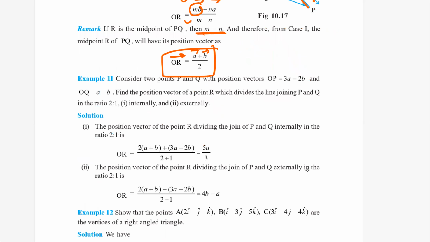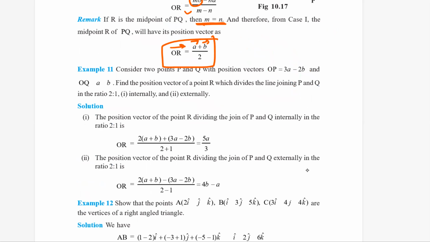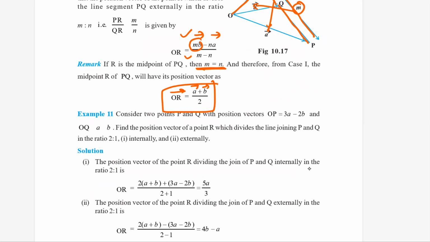Now example 11: consider two points P and Q with position vectors OP and OQ as a plus b. Find the position vector of point r, which divides the line joining P and Q in ratio 2:1.